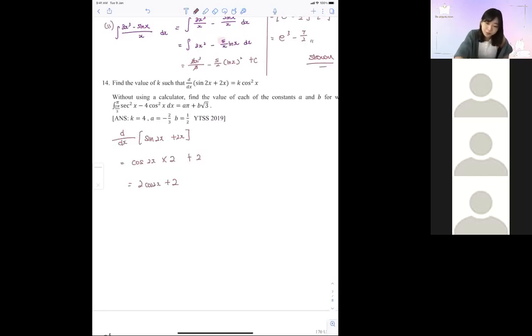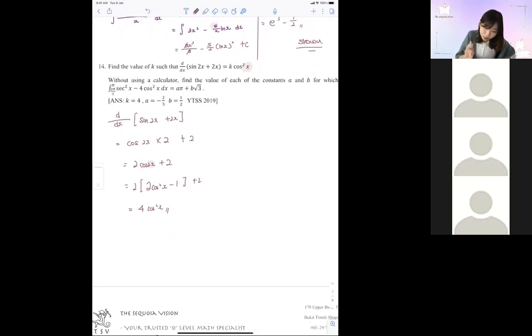Okay, so if you see cosine square x, this is x, this is 2x, we must swap, right? So we swap, it becomes 2 cosine square x minus 1 plus 2. So you're left with 4 cosine square x, and that's done.